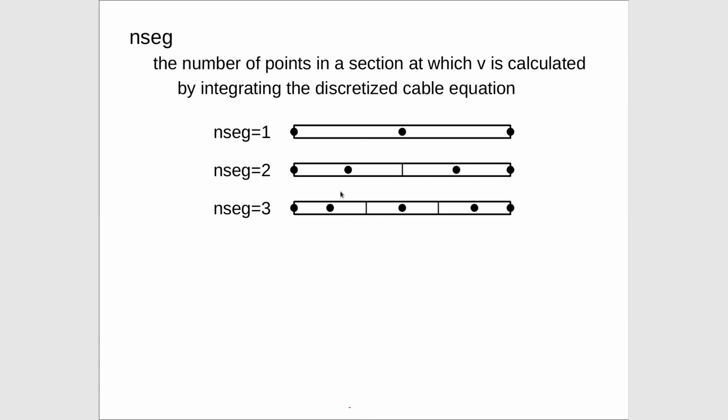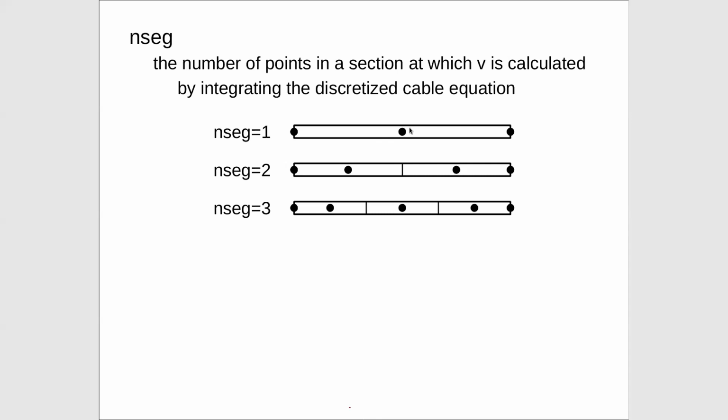So instead we need to increase nseg by an odd number, because that simply adds new internal nodes, internal locations at which we're calculating membrane potential and solving differential equations. It adds new internal nodes on the sides of existing internal nodes, okay? All right.